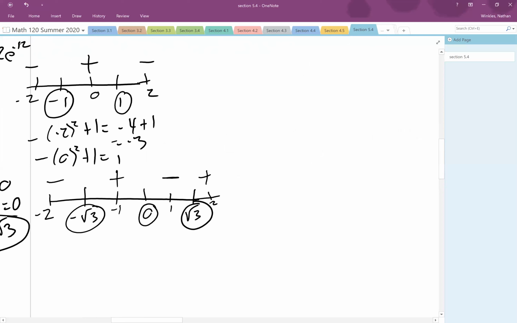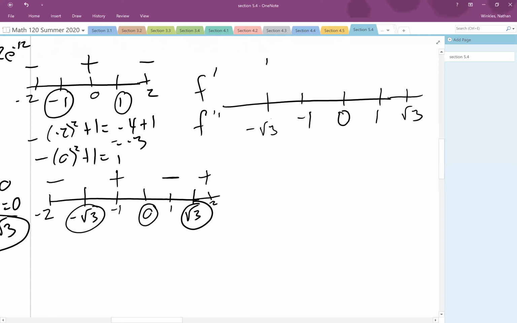So then putting both of these together, we've got to put in negative root 3, negative 1, 0, 1, square root of 3. So to the left of negative 1, we're negative.